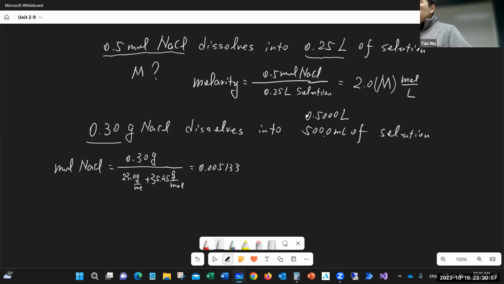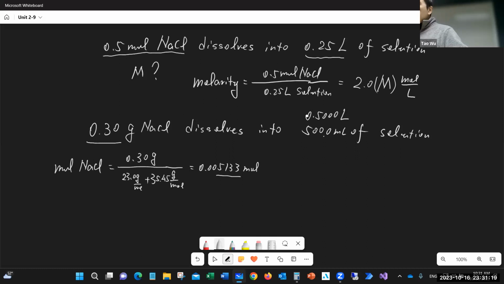Once again, please do not round those numbers too much when you figure out the mole, because that's not the final answer. We're going to keep enough sig figs and round at the very end, because the question is asking for molarity, not for mole.